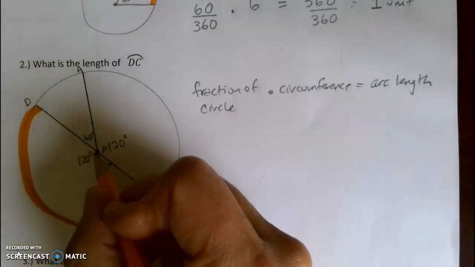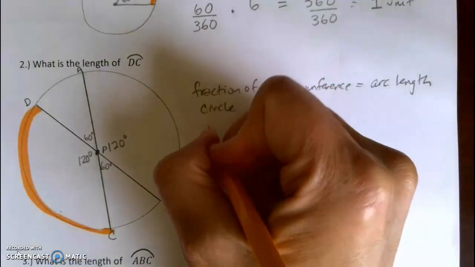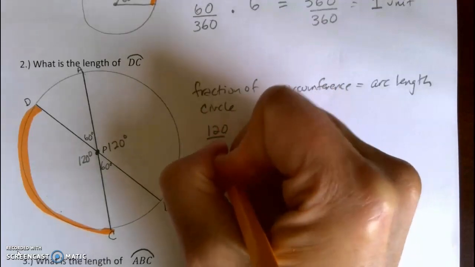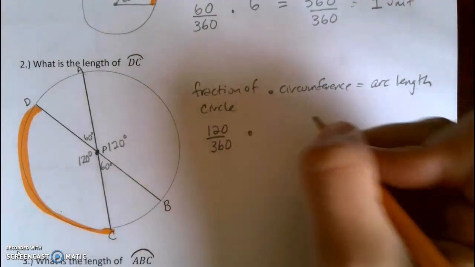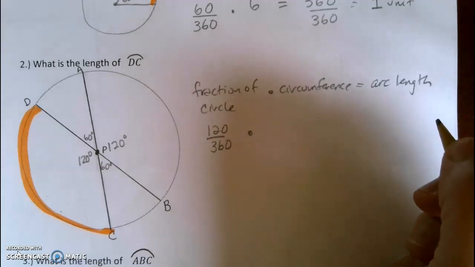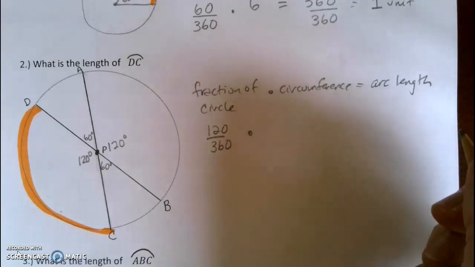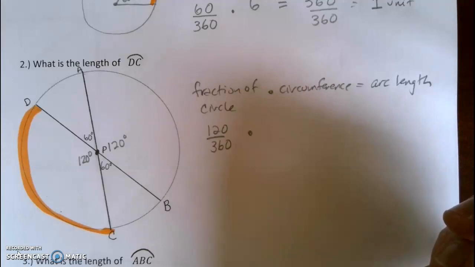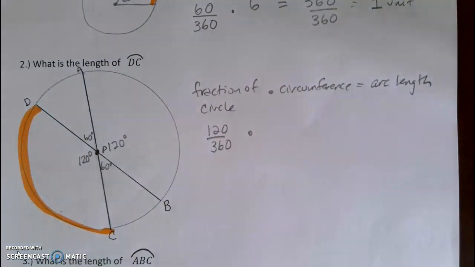Well, I know then the angle that goes with this arc, it's 120 out of 360 times the circumference. Do I know the circumference of my circle?